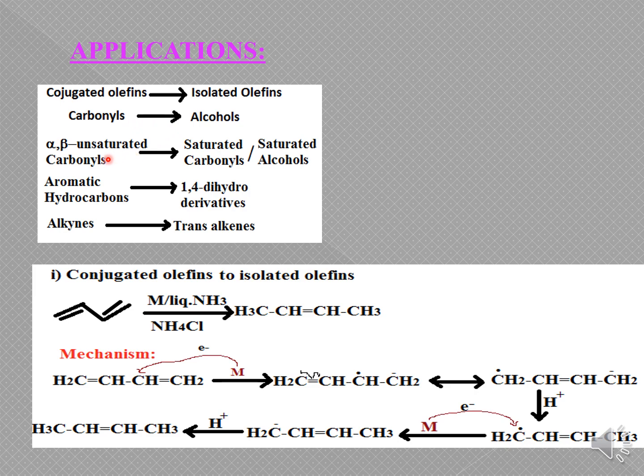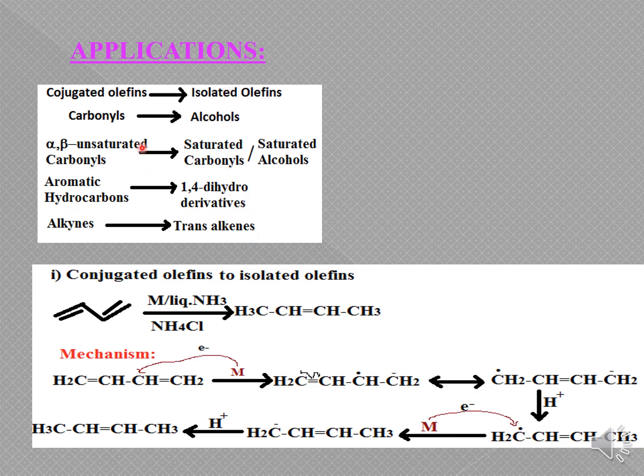Next, alpha beta unsaturated carbonyl compounds convert either to saturated carbonyl compounds or to saturated alcohols. Then aromatic hydrocarbons convert into 1,4-dihydro derivatives. And alkynes convert into trans alkenes.